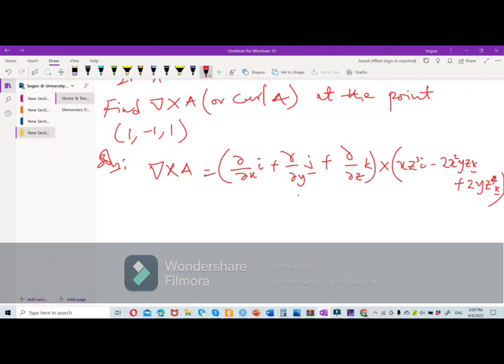So how do we solve this? Remember, anytime you have a cross, you use the determinant to solve it. So you have i, d/dx, j, d/dy, k, d/dz.